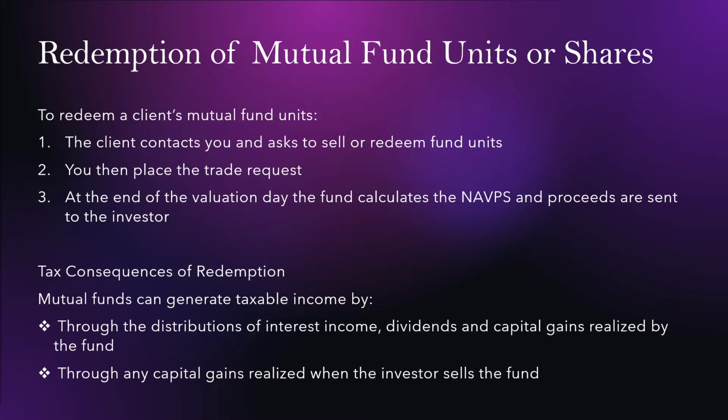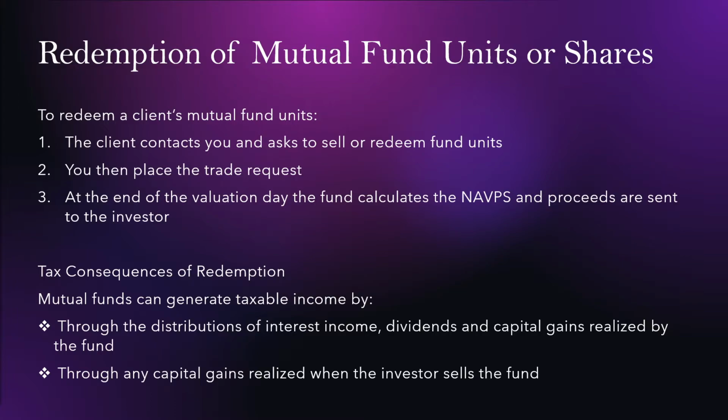Now, there are some tax consequences for redemption. Mutual funds can generate taxable income in non-registered accounts, and they generate this taxable income through the distributions of interest income, dividends, and capital gains realized by the fund.